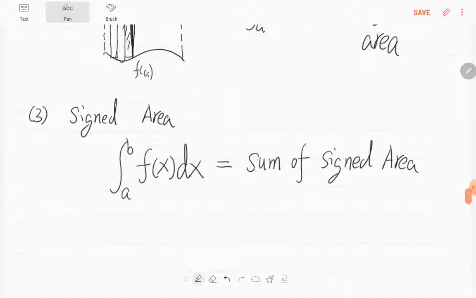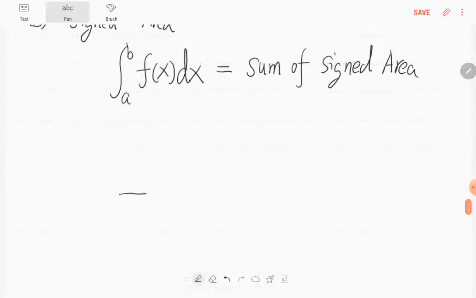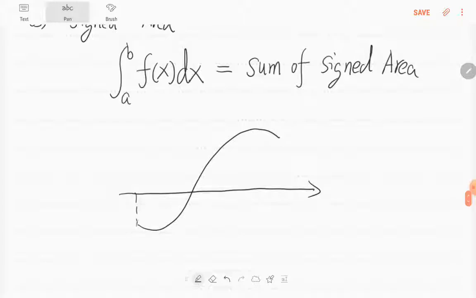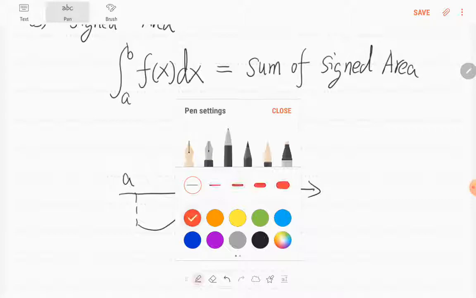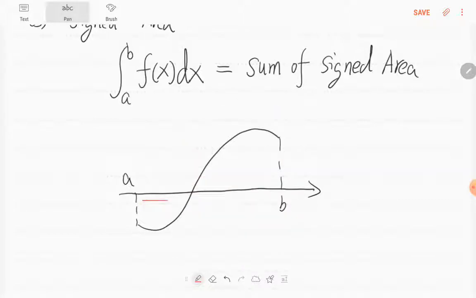Okay, what does this mean? So let's look at this example. We have this curve, a and b, and this region is negative, right? If you do the calculation for the integral, this region is below the x-axis.